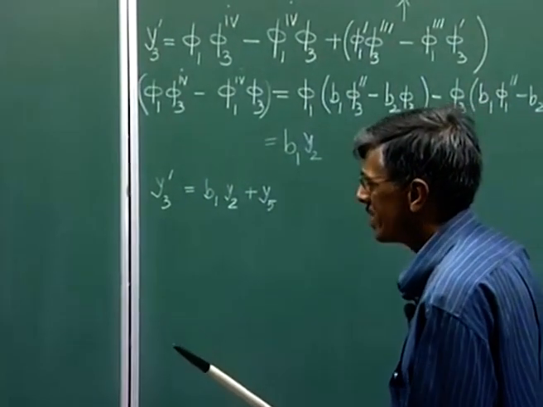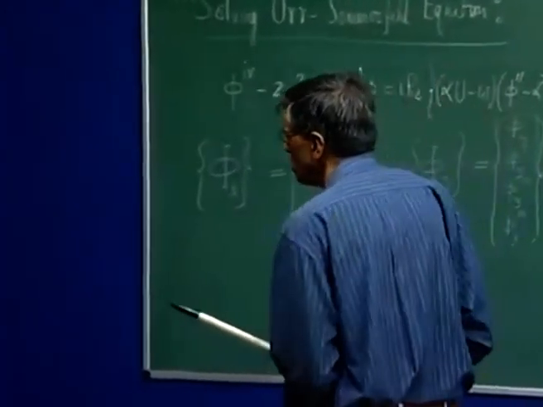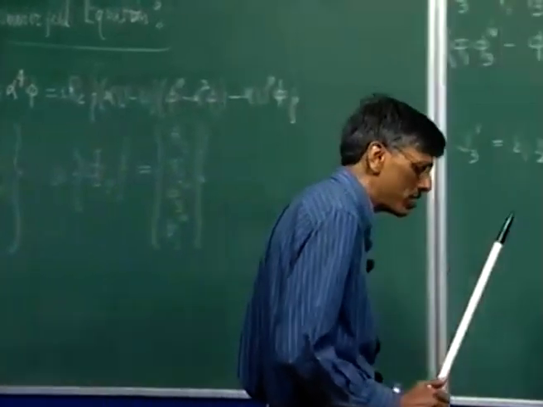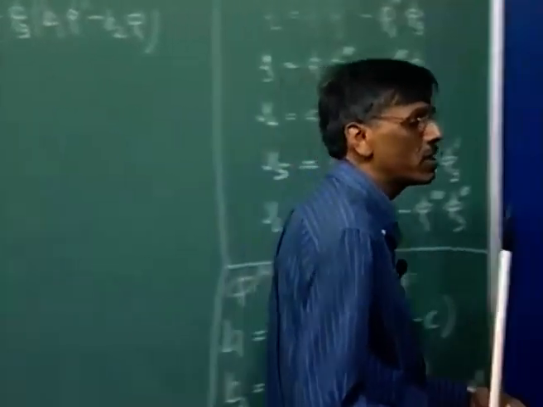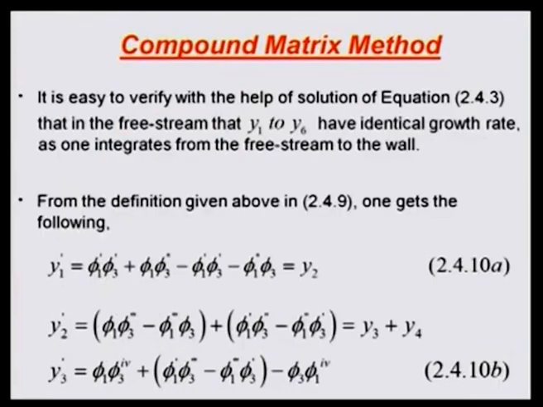Now, basically when we go from the phi variables to these y variables, we need to derive a set of governing equations for these compound matrix variables, and we have indicated how to go ahead.